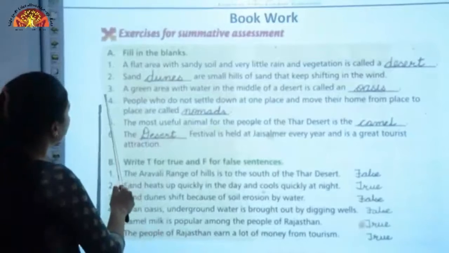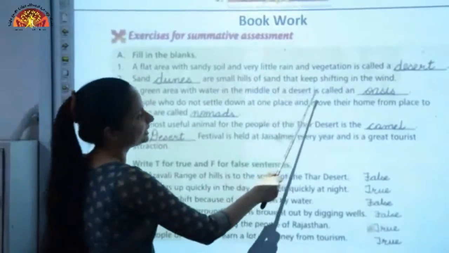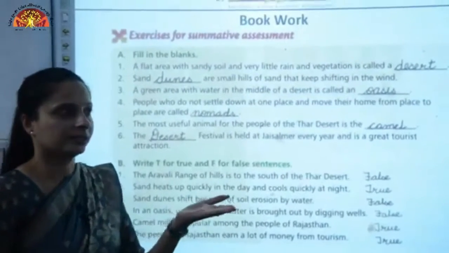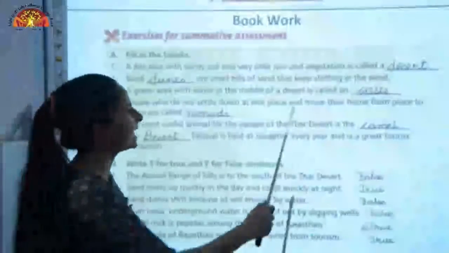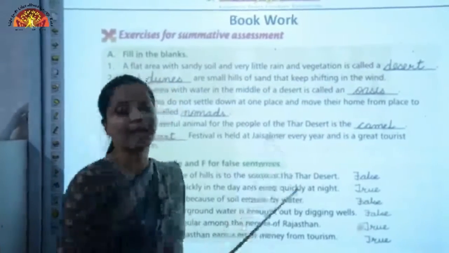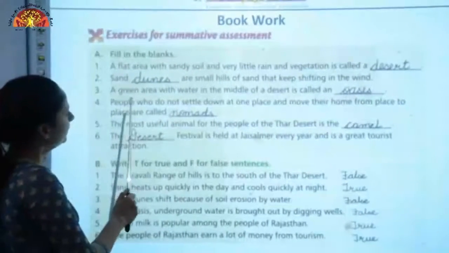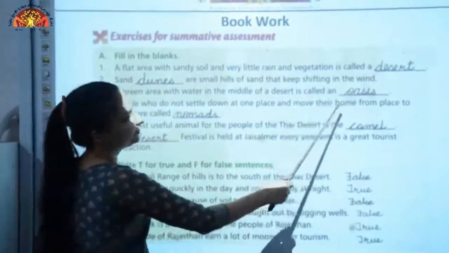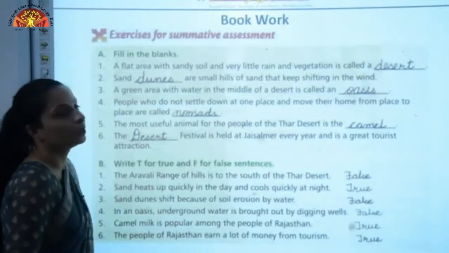Third, a green area with water in the middle of a desert is called an oasis. Wherever the underground water comes up to the surface, that area has some greenery and that is called an oasis. Fourth, people who do not settle down at one place and move their home from place to place are called nomads.